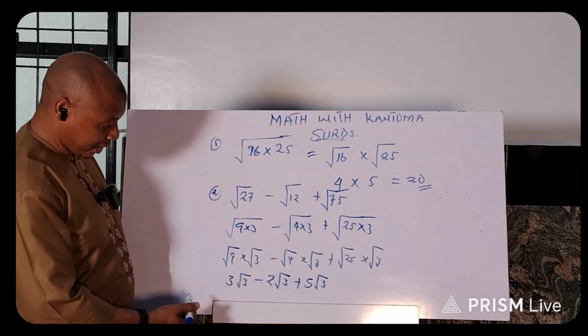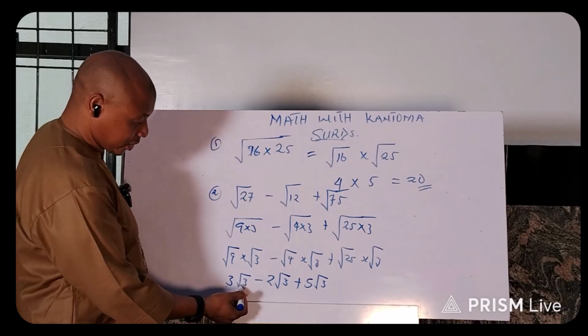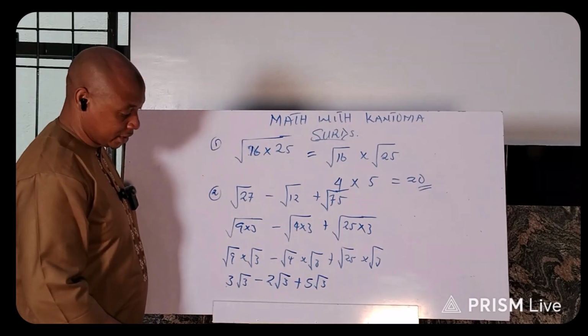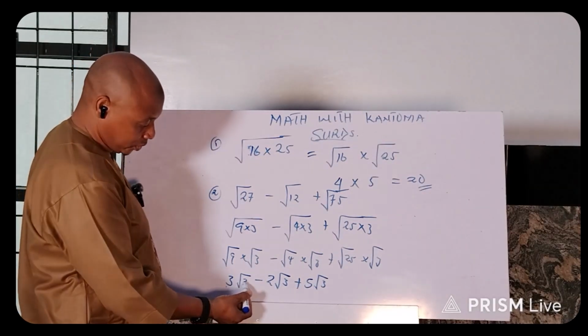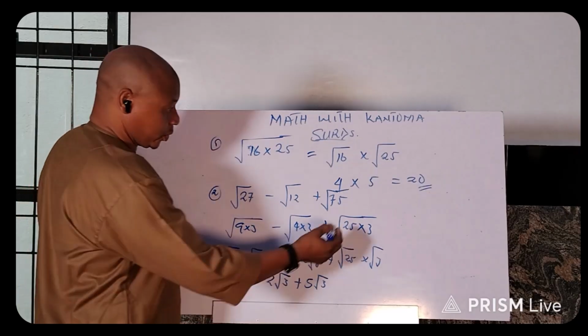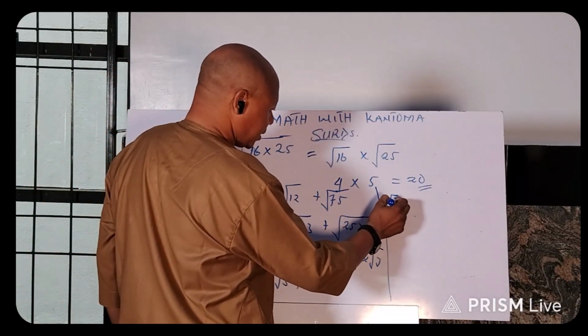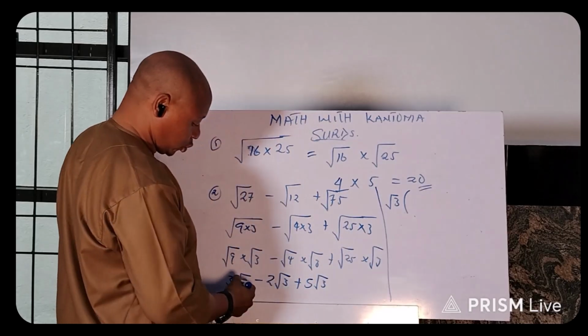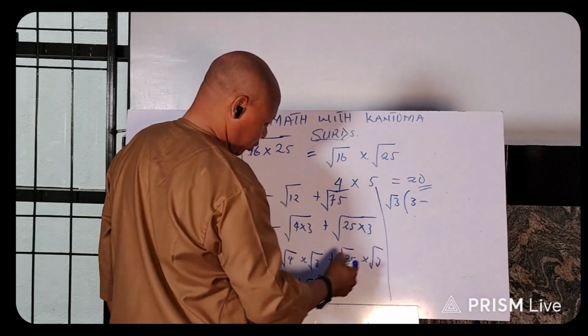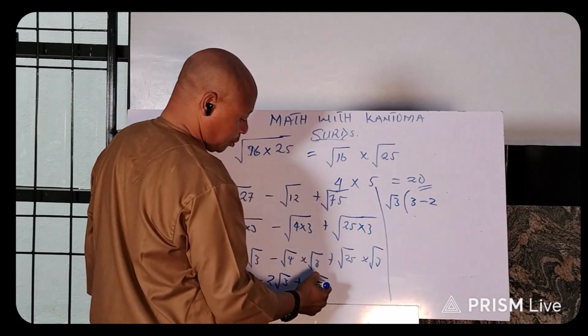So I can still simplify this further by factorizing what is common between these three items. What is common between the 3 is square root of 3. So when I factorize this, I will have root 3 outside, times 3 minus 2 plus 5.